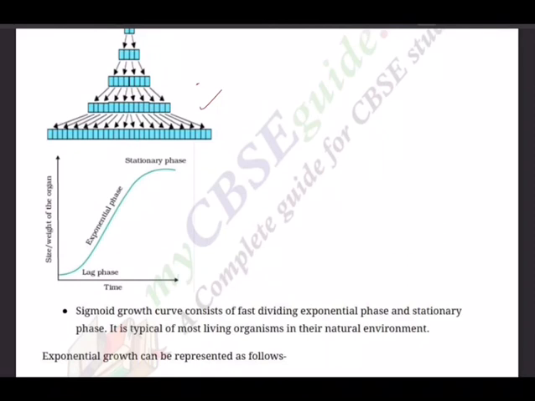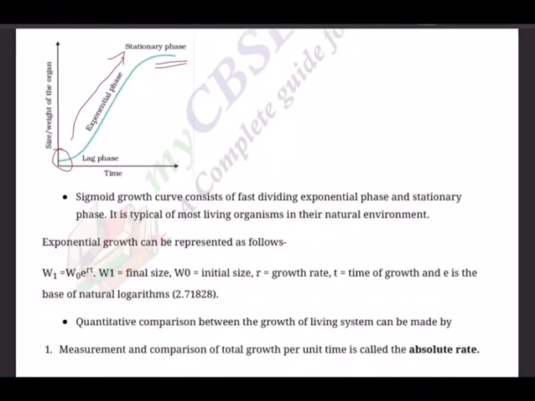So sigmoid growth curve consists of fast dividing exponential phase and stationary phase. It is typical of most living organisms in their natural environment. So to begin with, it is a slow process, and then suddenly there is a spurt. It's going up, and then it is coming parallel to the x-axis. So this is a typical S-shaped curve, sigmoid curve.